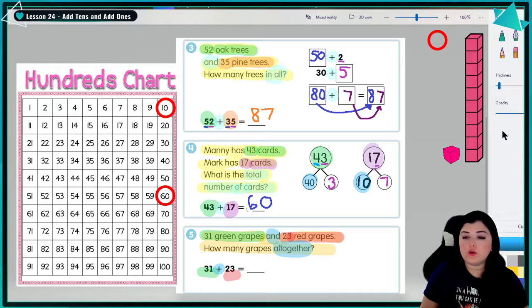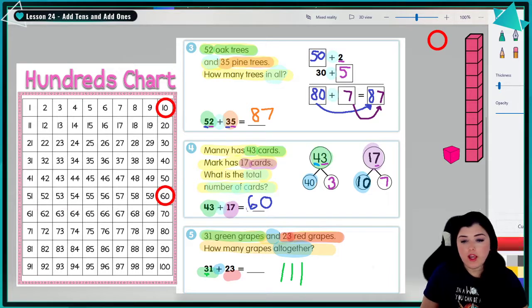So to do this, we're going to draw our quick lines of tens and ones. To show tens in the quick way, I know by looking at 31, there are 3 groups of 10, so I'm going to draw 3 lines. 1, 2, 3.